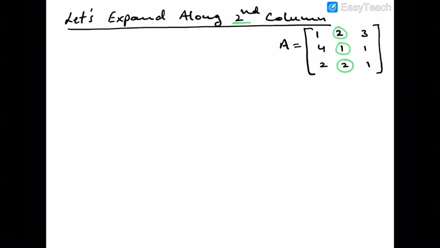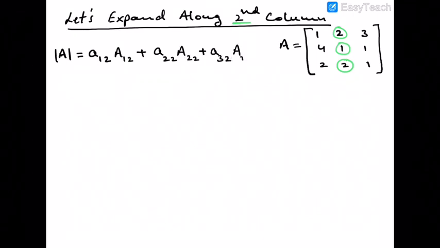Therefore, the determinant of A is equal to A12 times the cofactor of A12 plus A22 times the cofactor of A22 plus A32 times the cofactor of A32.